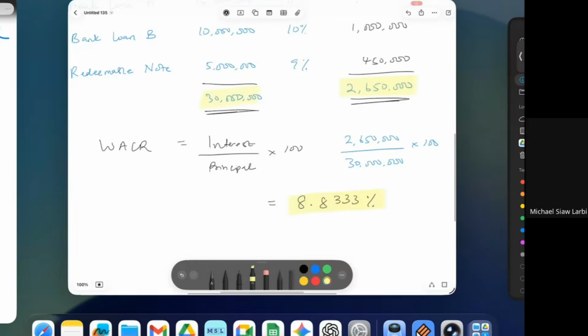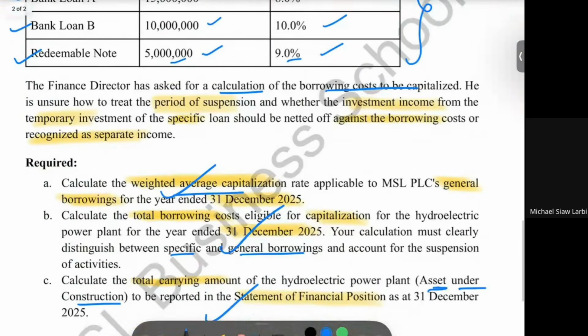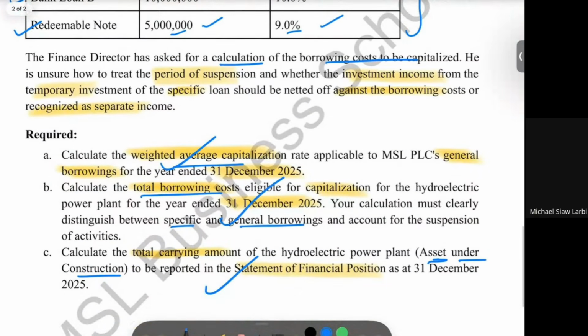So we have found requirement A, which is the weighted average capitalization rate. We are done. Requirement B is the total borrowing cost eligible for capitalization. Don't forget that the project is financed partly by a specific loan and partly by some portion of the general borrowing. But we need to assess the timeline to know the capitalization period.